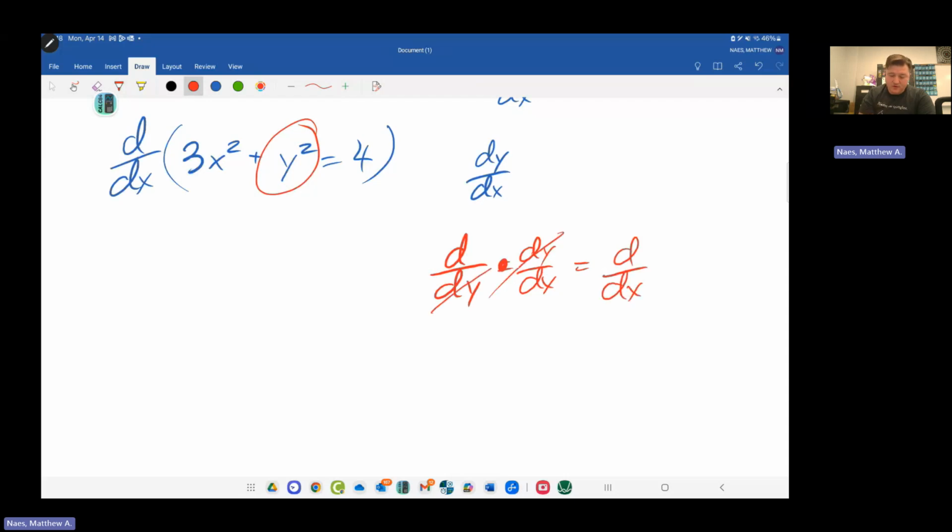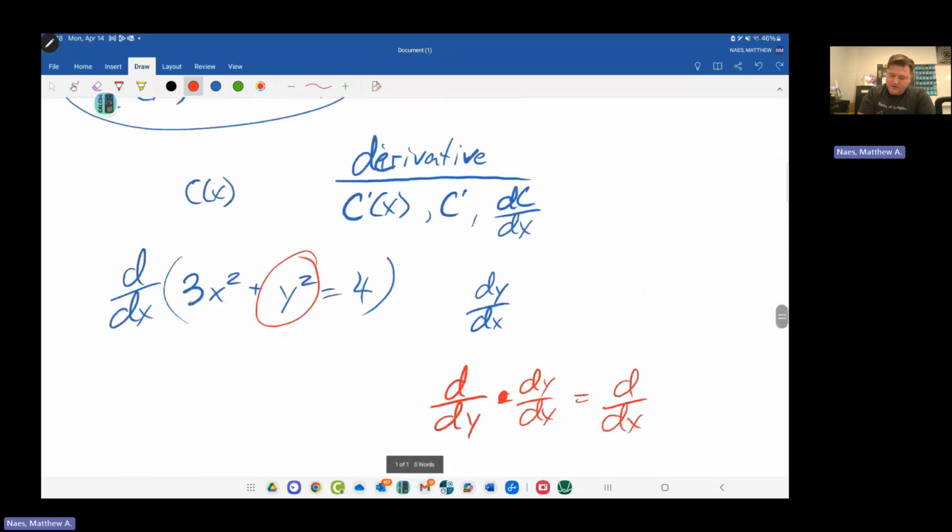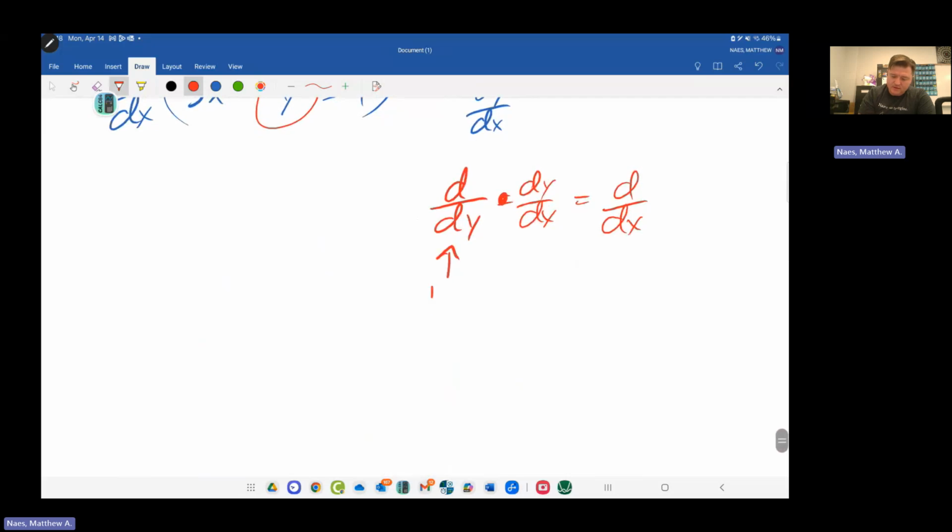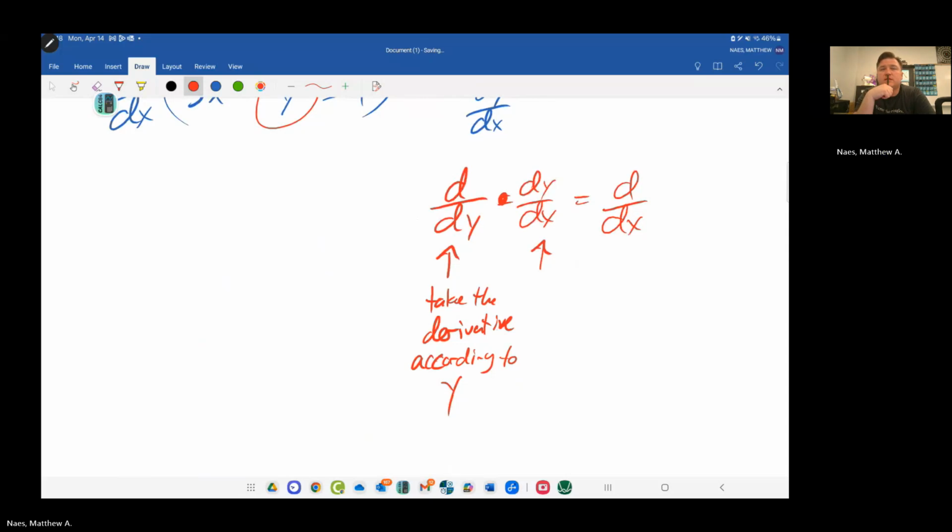So the idea here is this means take the derivative according to y, and this is a way we can do that when we're taking the derivative of x.